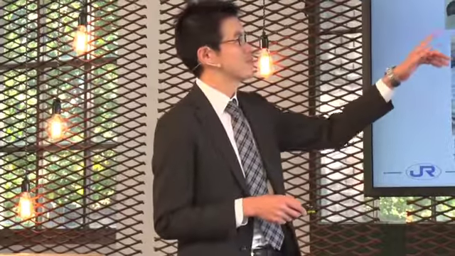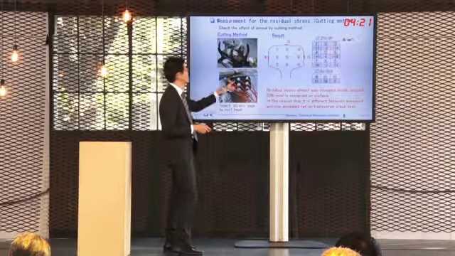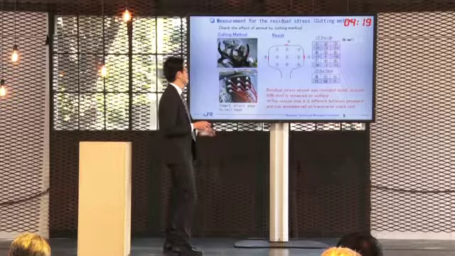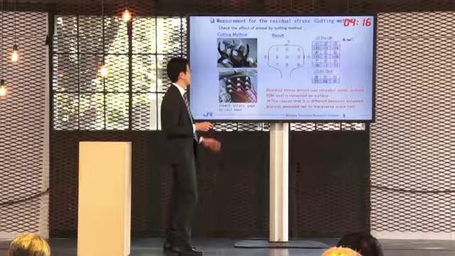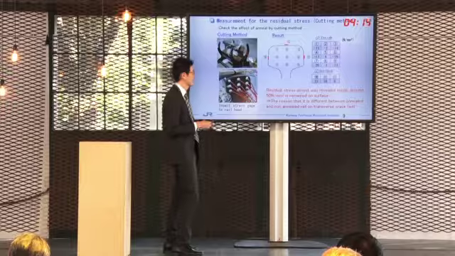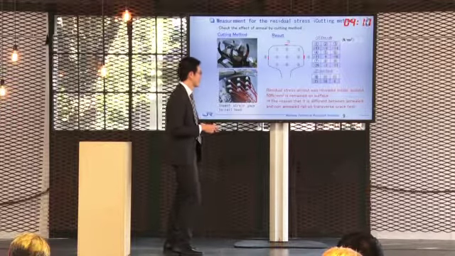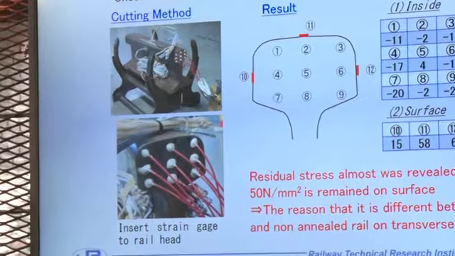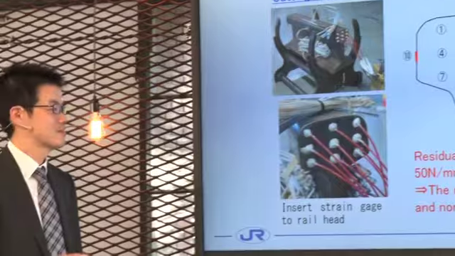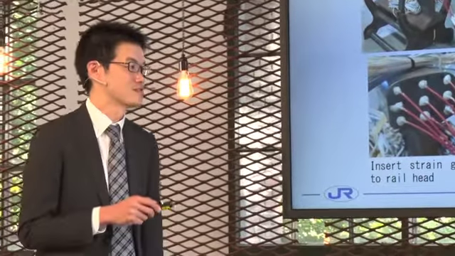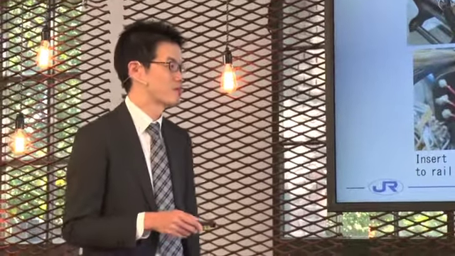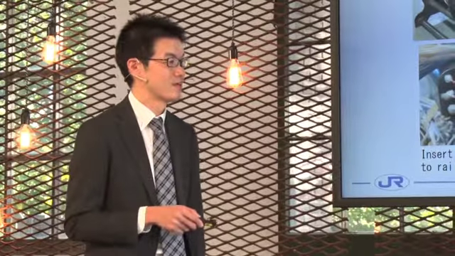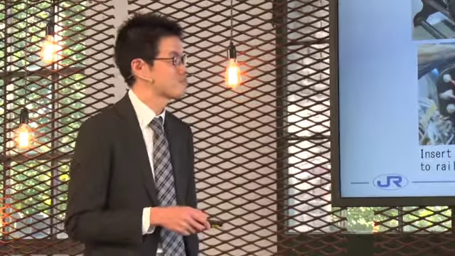This specimen is an annealed rail, because we wanted to check the effect of annealing by the cutting method. The residual stress was almost released inside, and at the surface it is almost 50 Newton per square millimeter. This is the reason for the difference between annealed and non-annealed rail in the transverse crack test.